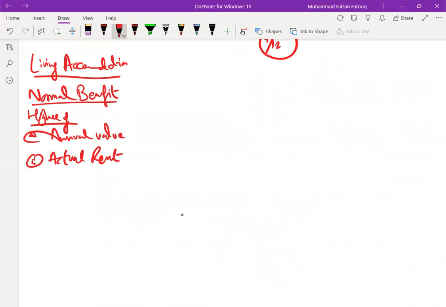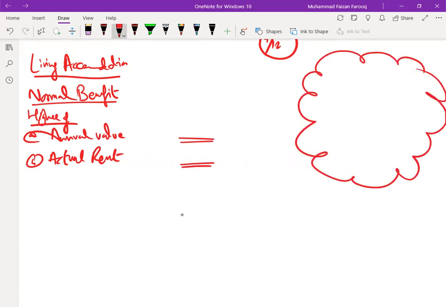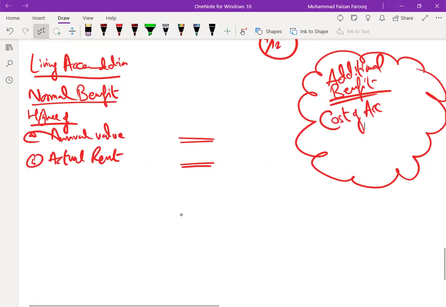Contribution towards use, if given, is going to be deducted and months are going to be considered. This we know. Here I am writing something in this cloud. Additional benefit. Just focus please. Cost of accommodation. Till now we did 2 questions, I mean 1 question, but with a change, it was part B. So 2 questions, but there was no cost of accommodation mentioned.